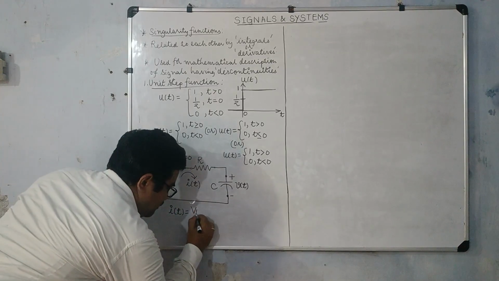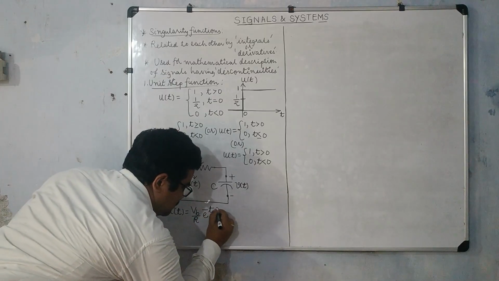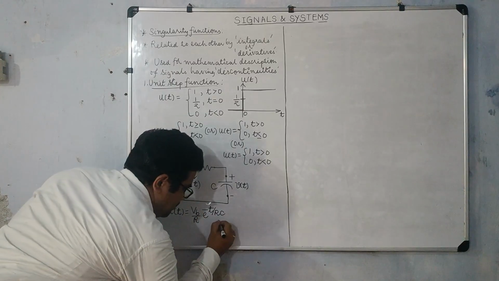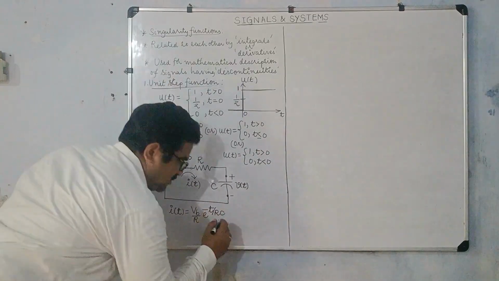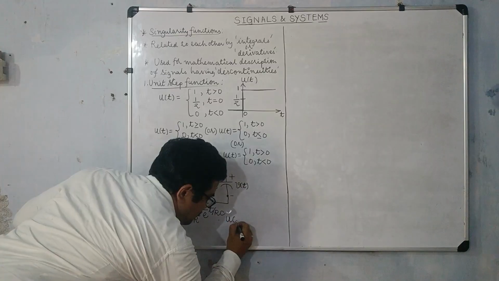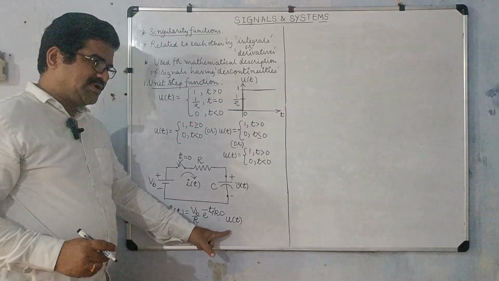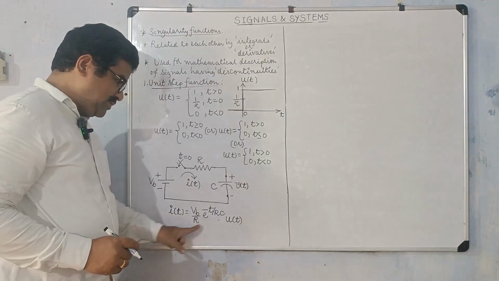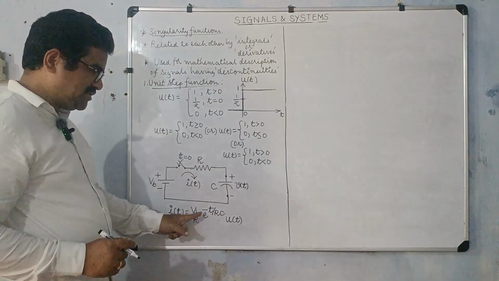Now the current through this circuit is changing exponentially, and it is exponentially decreasing. That is given by VB by R into e power minus t by RC, and because the switch is closing at t equal to 0, the current flows only after that. So I can multiply it with a unit step function, because u of t is equal to 1 for t greater than or equal to 0. Why is it decreasing exponentially?